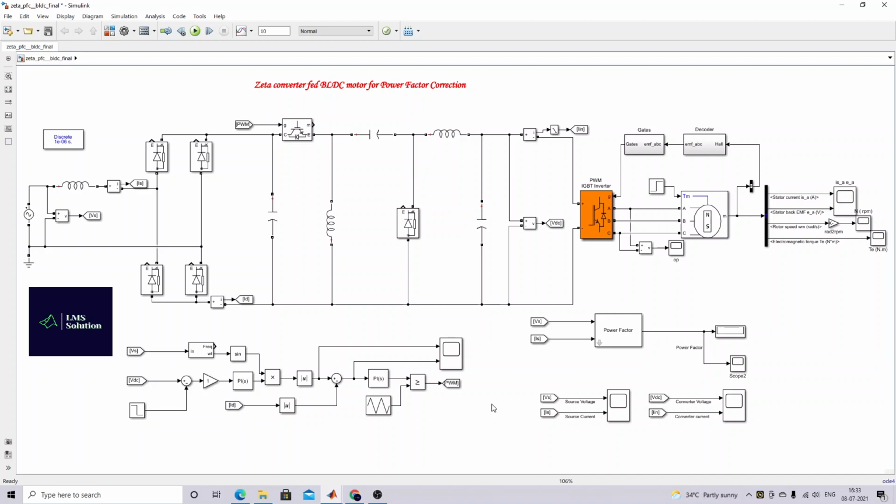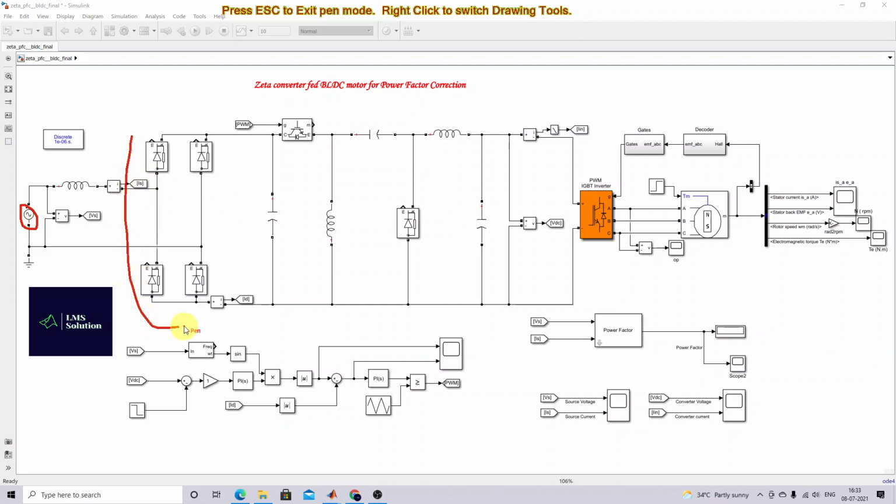Today we are going to see a MATLAB simulation of a theta converter for the BLDC motor for power factor correction. This is the simulation model. It consists of a single phase AC source, which is converted into DC using a diode rectifier.